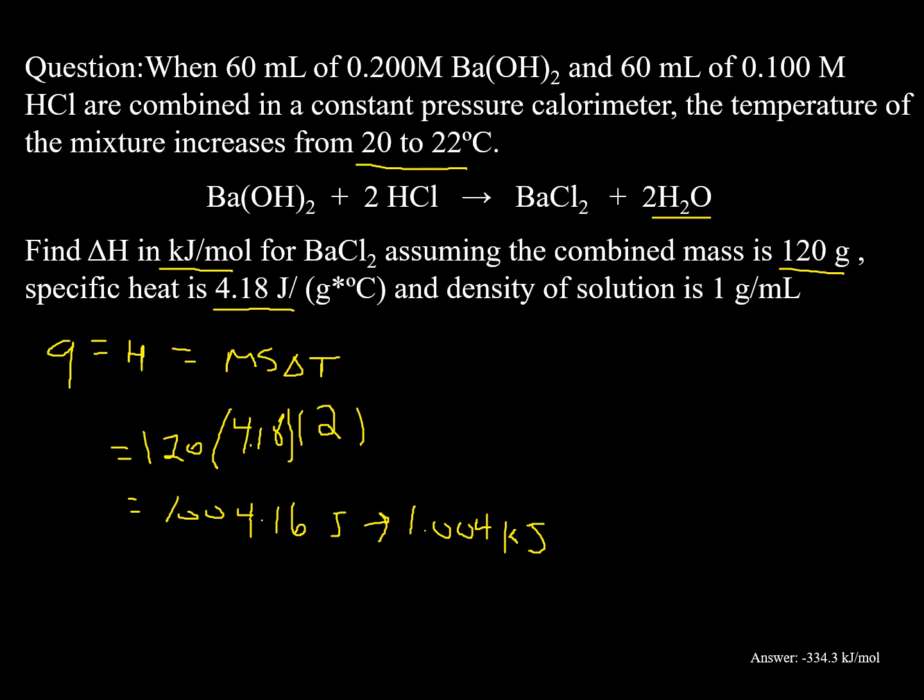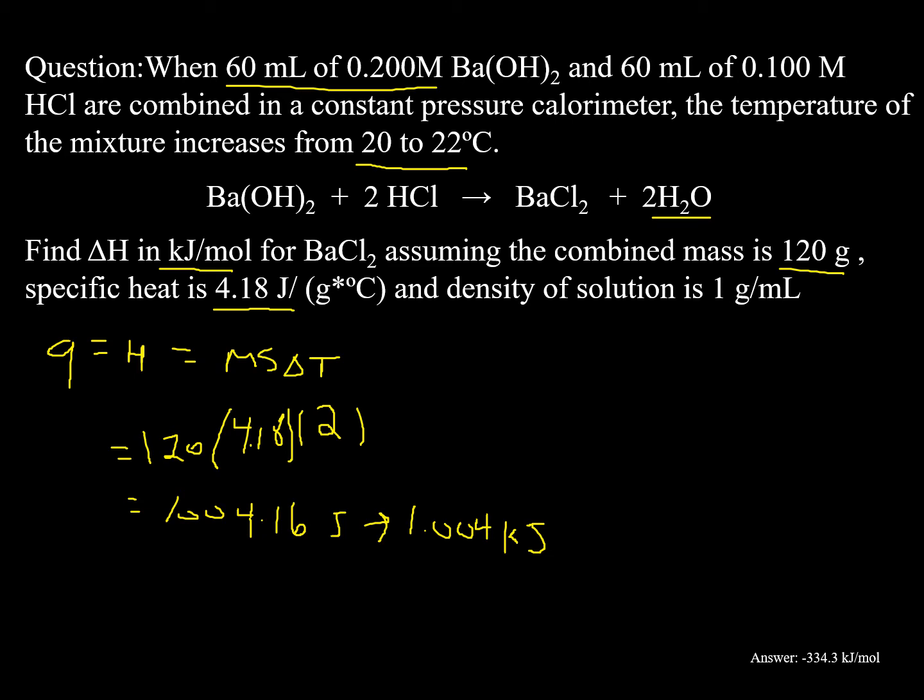Now the question is asking you per mole, so we have to figure out which one is the limiting reagent. And we have the information above here to figure out the moles. We use the balanced chemical equation to find BaCl2. You can also use it to find H2O as well. You can pick either one to determine which one is the limiting reagent.